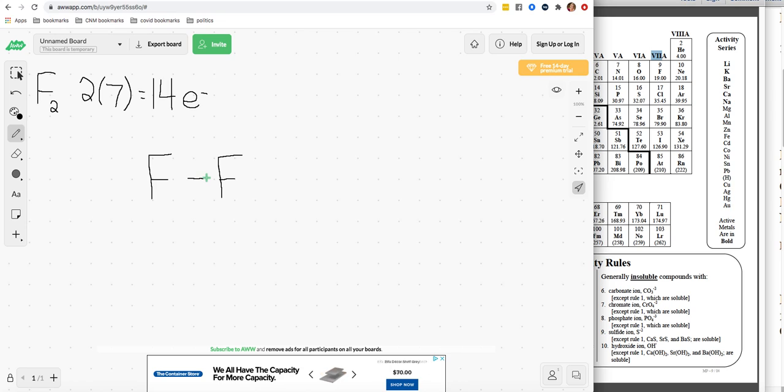What that is made out of is 2 electrons. So just by drawing this line here, we're using up 2 of our 14 electrons. We want to keep track of how many we have to work with and how many we've already used. So now we're down to 12 electrons. We've used 2 of them to make that single bond between the fluorines.